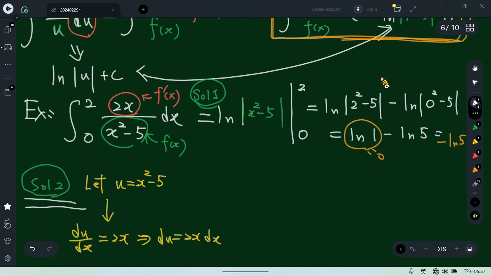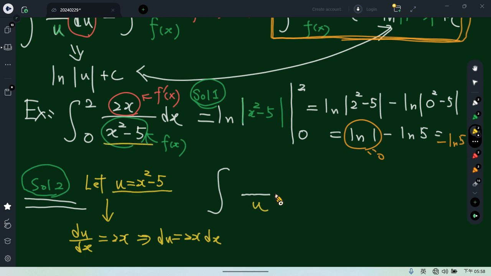So the original one will become, you can replace, you already replace u here, right? u is equal to x squared minus 5.